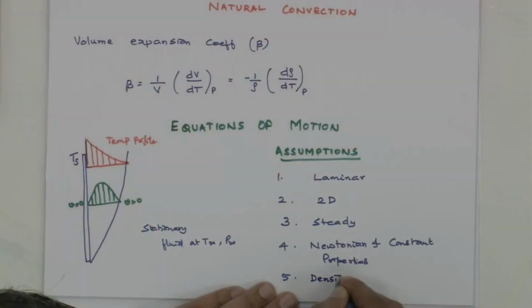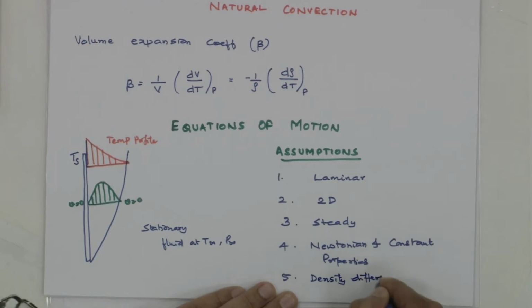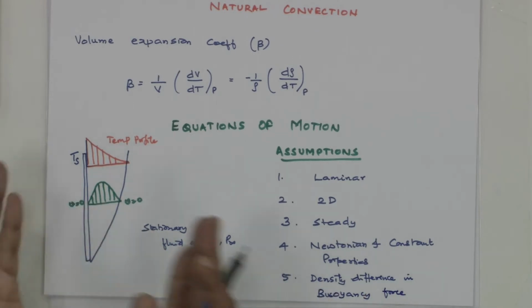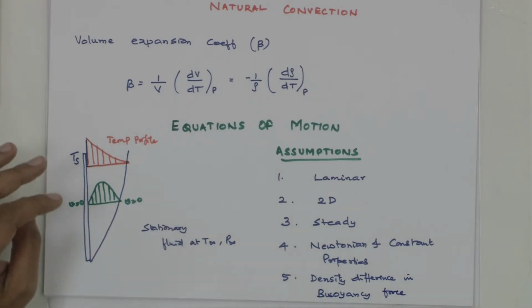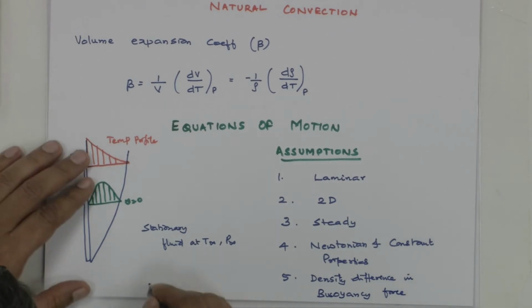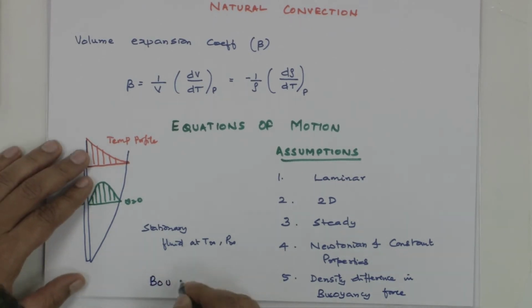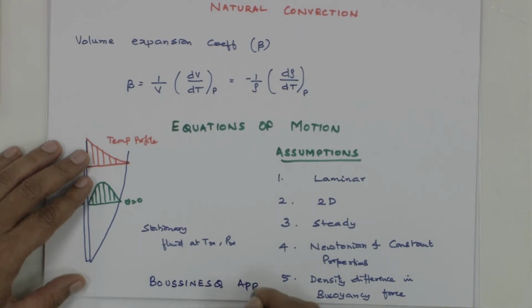We have to stop here and say that the density difference is considered only in the buoyancy force. If buoyancy is not there, then there is no question of natural convection. So the buoyancy force is the driving force. This is what is called the Boussinesq approximation. So we are making this Boussinesq approximation and going ahead.